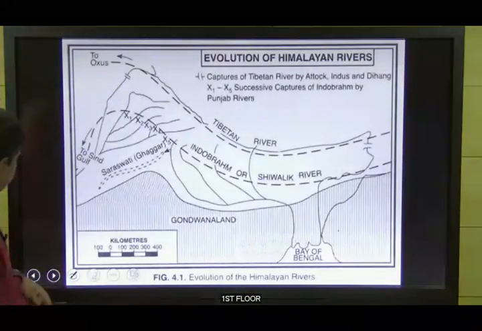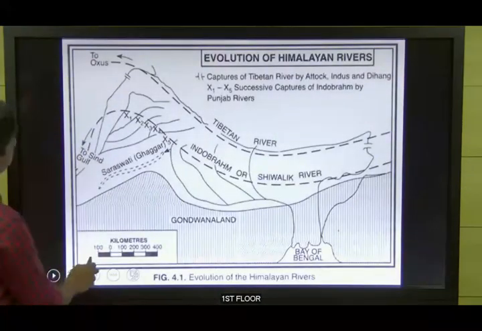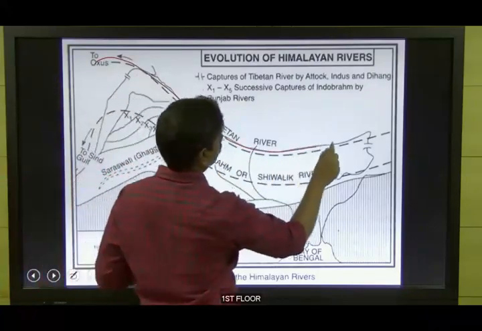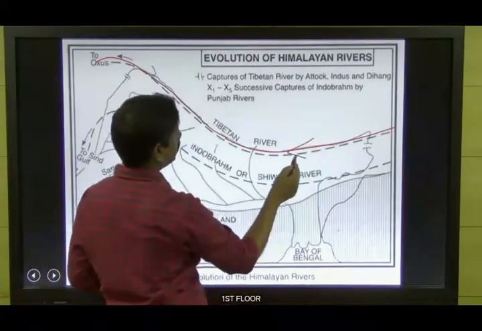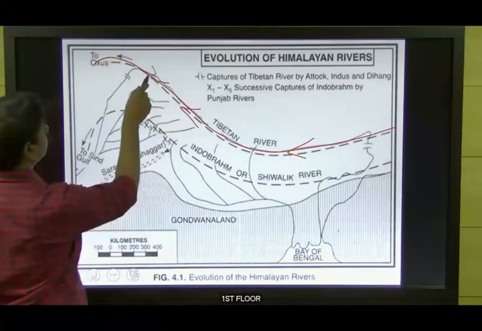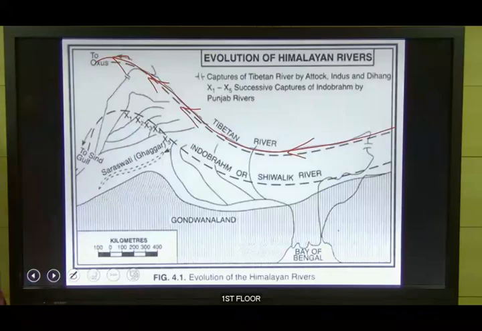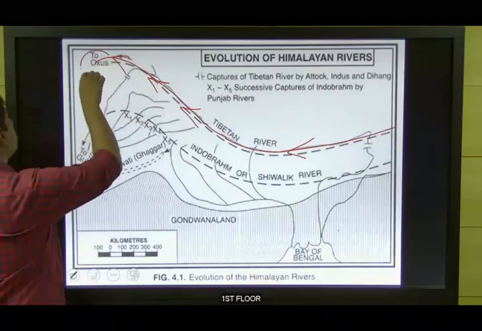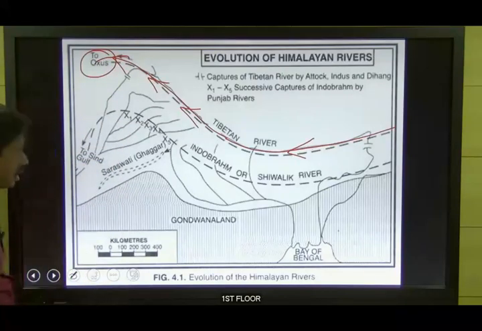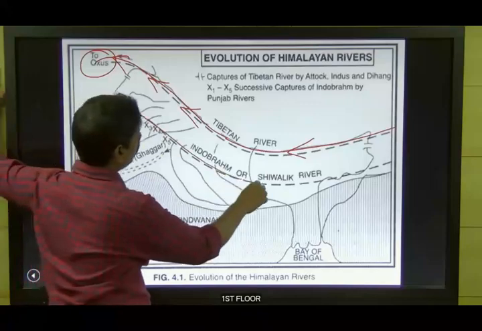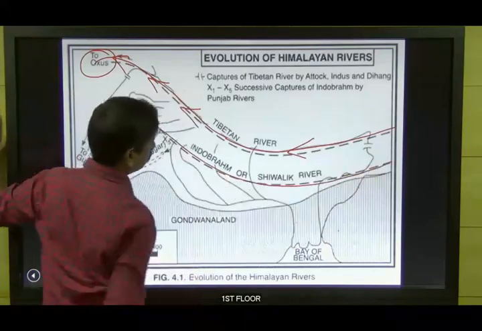I'll show you here. One is the Tibetan river. The direction of flow was like this. The Tibetan river was draining into a lake known as Oxus Lake. Another river was the Indo-Brahm river or Shivalik river.